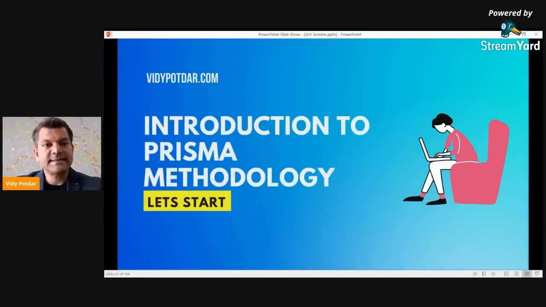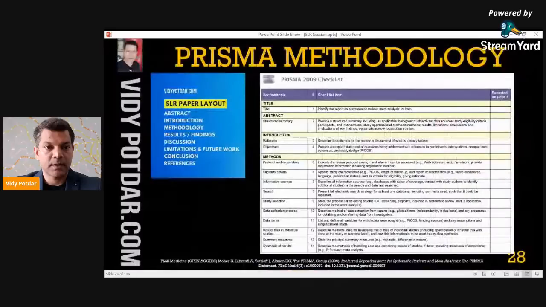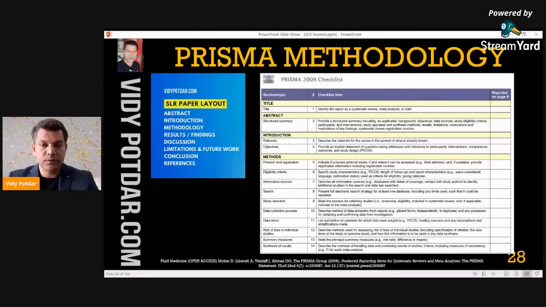So we now move to the second section of this session, which is Introduction to the PRISMA methodology. All right, I'll make it full screen so that it is easier for you to see.